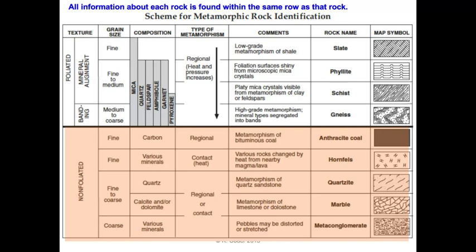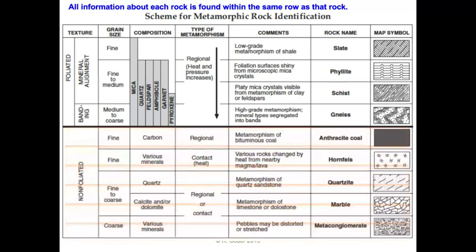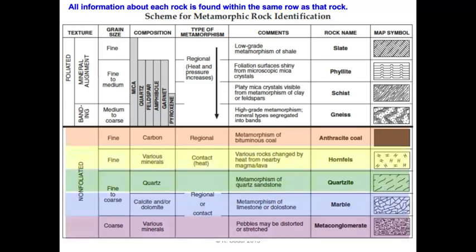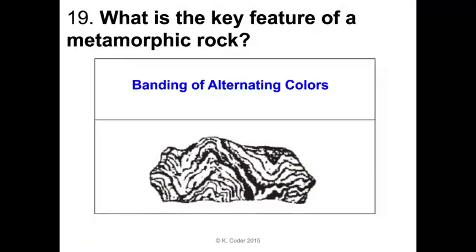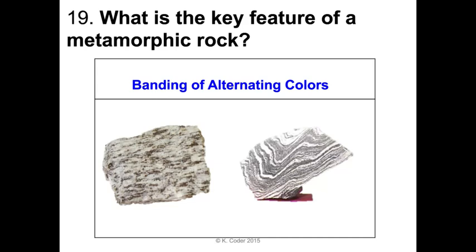Okay, anthracite coal is regional, hornfels is contact, and then quartzite, marble, and metaconglomerate could either be regional or contact metamorphism. So the key feature when we look at a metamorphic rock is the banding of alternating colors. Okay, being able to see the distortion and the mineral alignment of the crystals. So here's some examples of those.